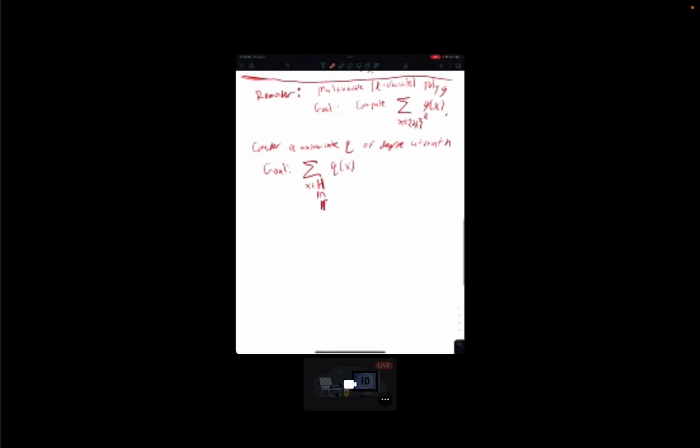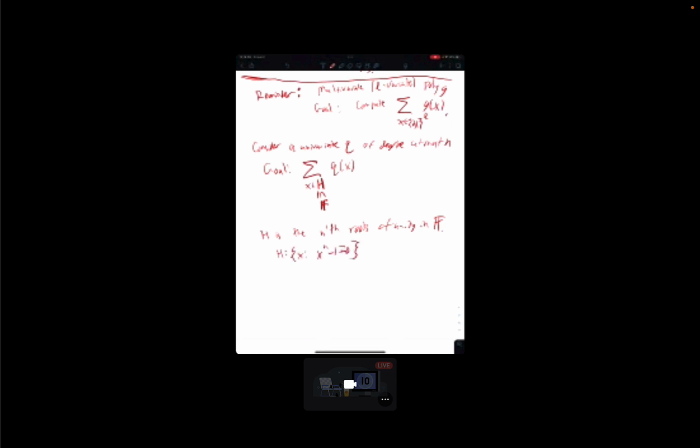So let me tell you what this set is. In practice anyway, H will be the nth roots of unity in the field. So that is all x in the field such that x to the n minus 1 equals 0.